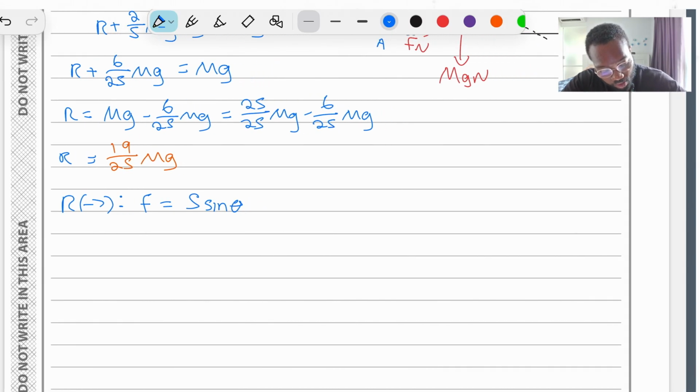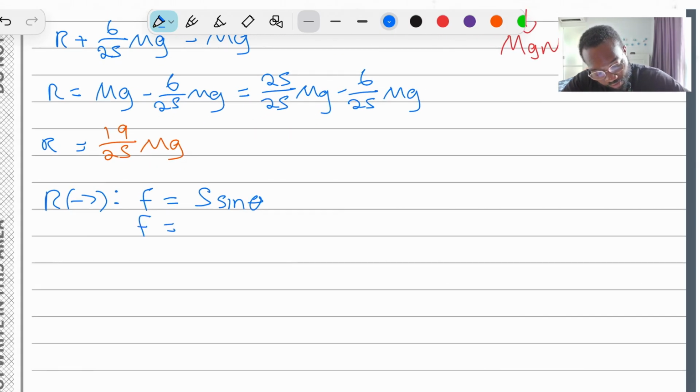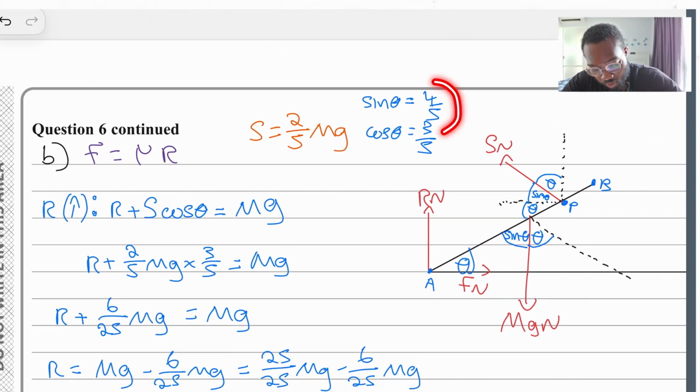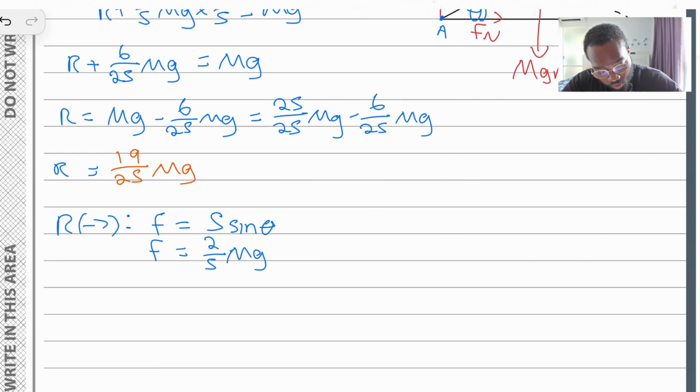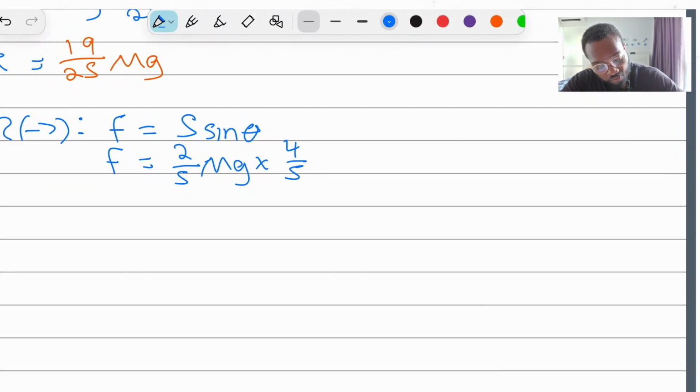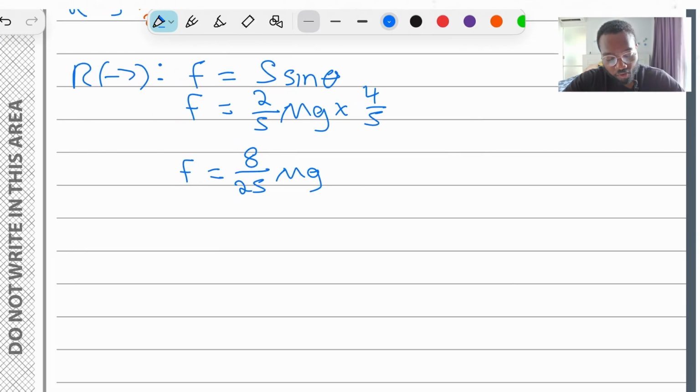And we know that S is equal to 2 over 5 mg, and our sine theta is 4 over 5. So that's times by 4 over 5. Therefore, F is equal to 2 over 5 times 4 over 5, which is 8 over 25 mg. So we worked out that F is 8 over 25 mg.